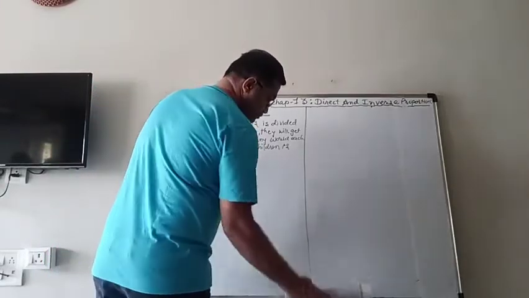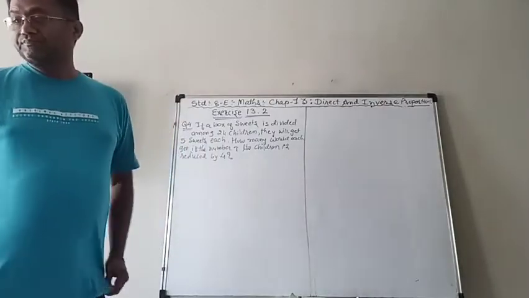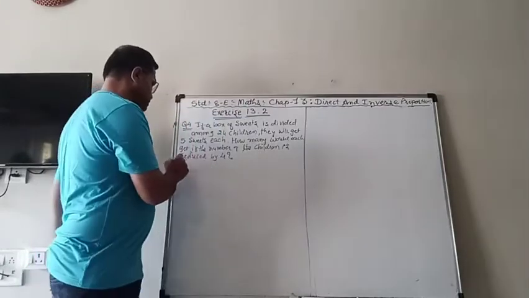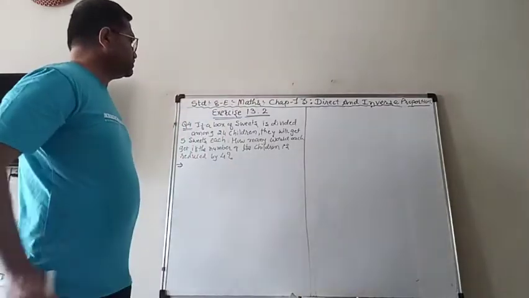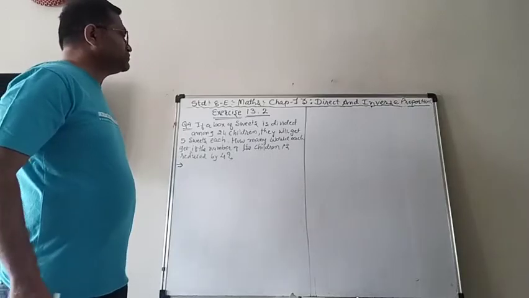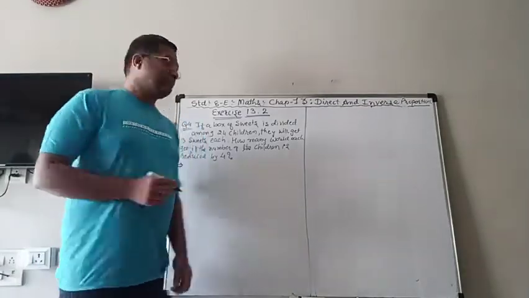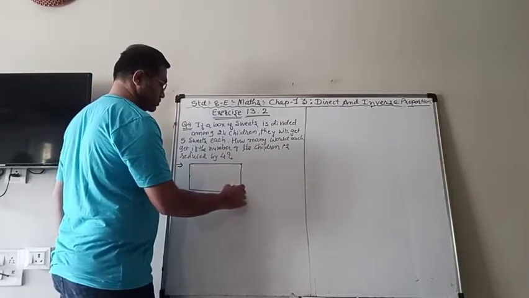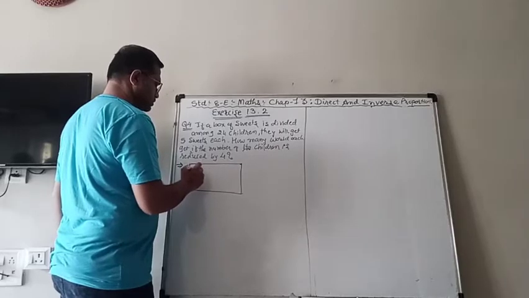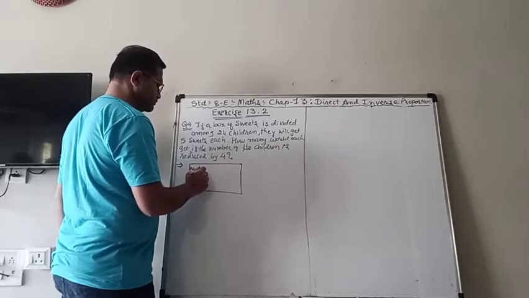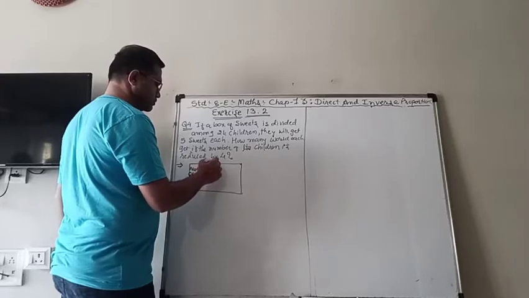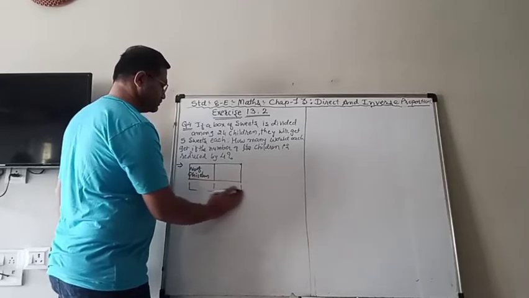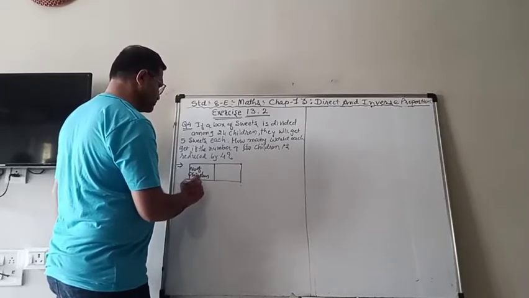Now here you can see the relation between the number of sweets and number of children, we will make a box like that. Number of children and number of sweets.